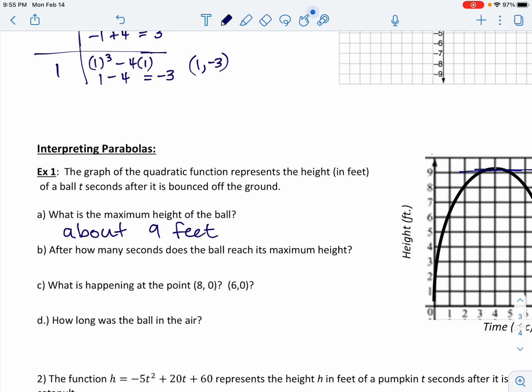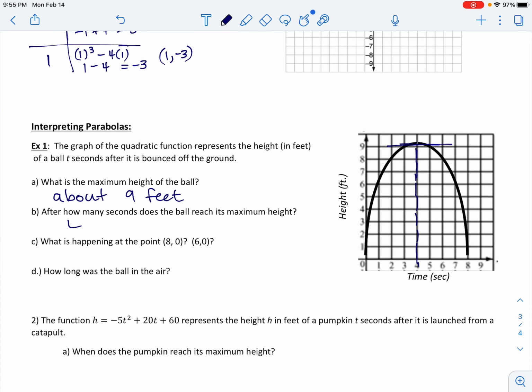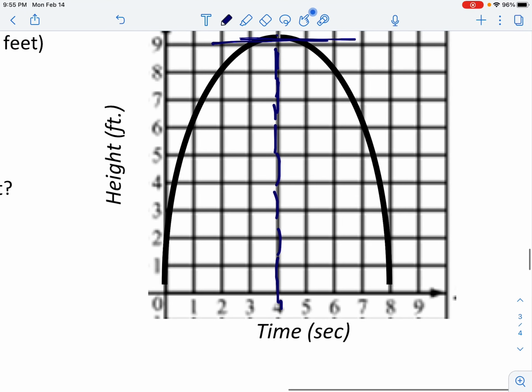All right, after how many seconds does the ball reach its maximum height? So I'm going to look. Its maximum height is here, right in the middle. So where is the axis of symmetry? It is at 4 seconds. What is happening at the point 8, 0 to 6, 0? So 6, 0 right here and 8, 0. So if we look at what's happening from here to the bottom here, what do we know?